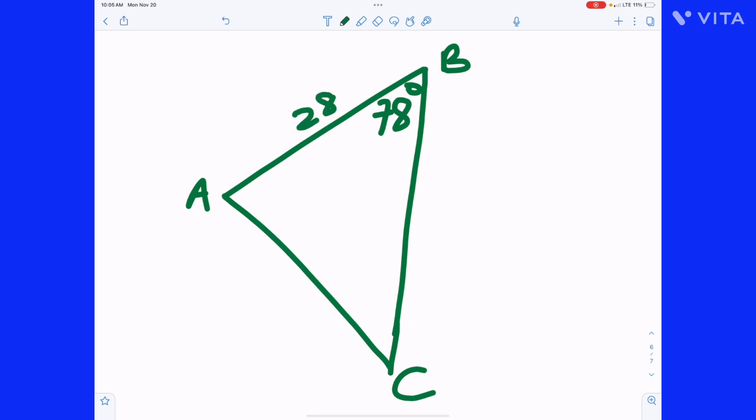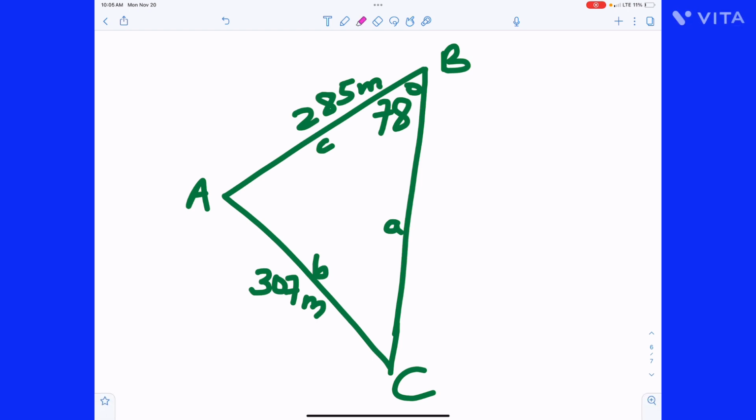I have this 285 meters. This will be side C. This will be side A. This is side B. What else do I have? I have this 307 meters. So I think I have everything I need to finish the question.